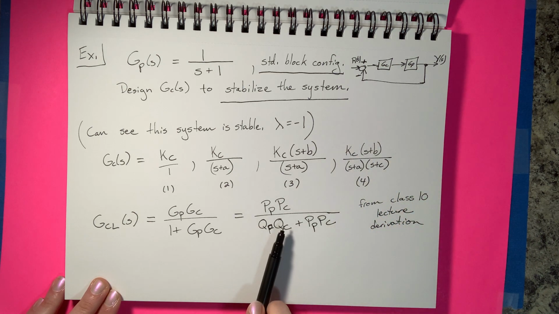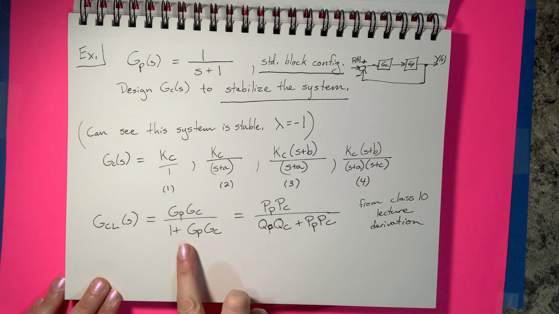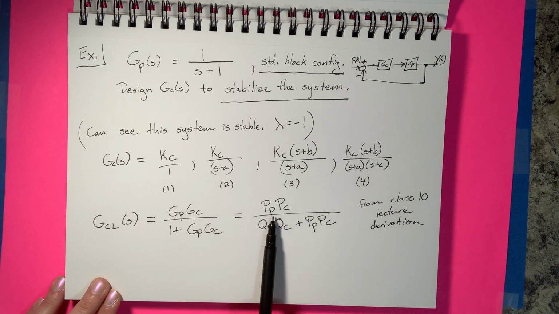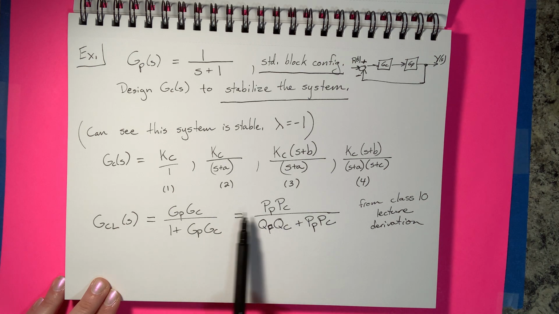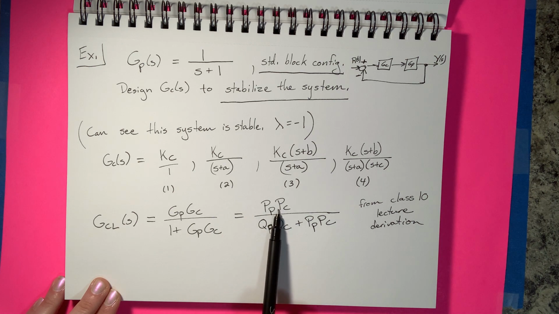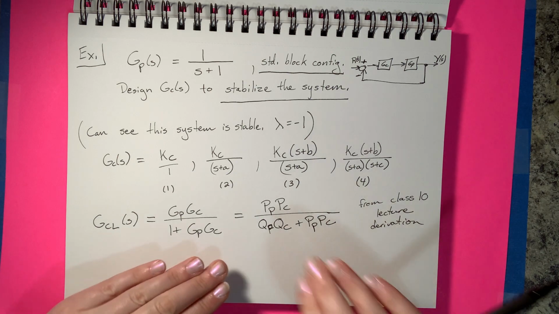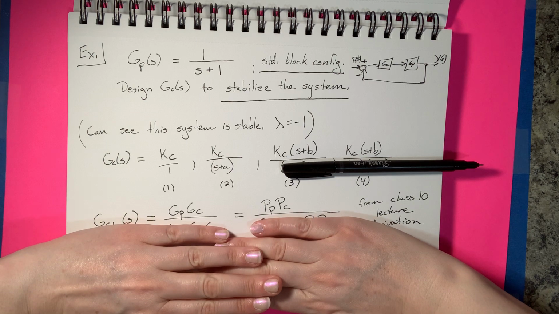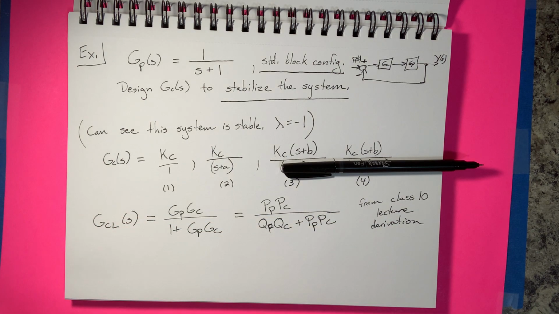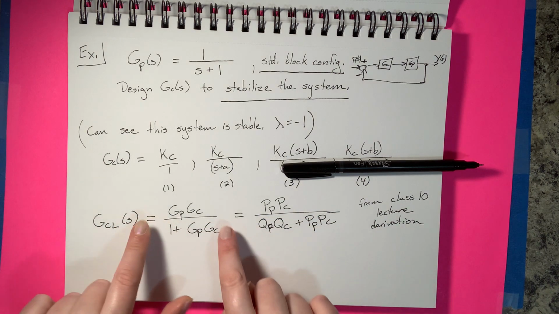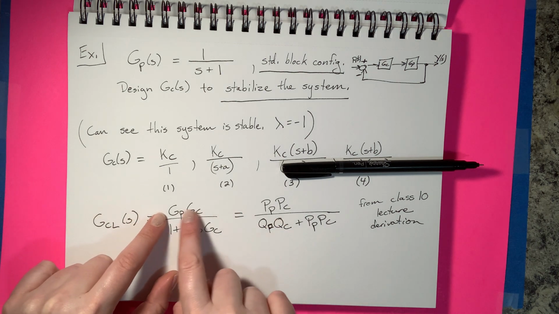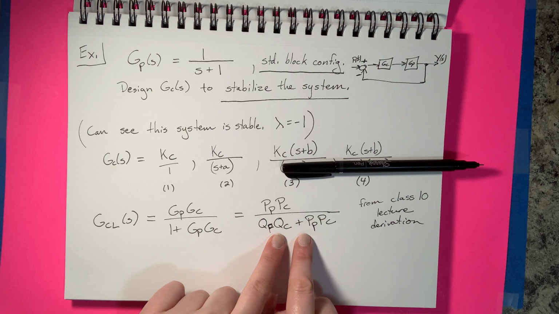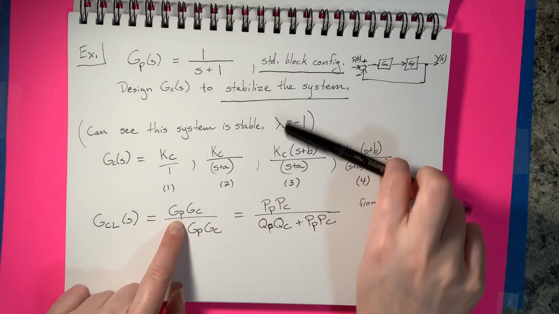Okay, so one thing I do want to point out, even though I have written an equal sign, this does not mean that you can say GP times GC is P sub P times P sub C. You can't write this out as equivalent just because we have this equation. That's not the same thing. We took this, we plugged in the two ratios, and we simplified it. So the numerators here are not equal.